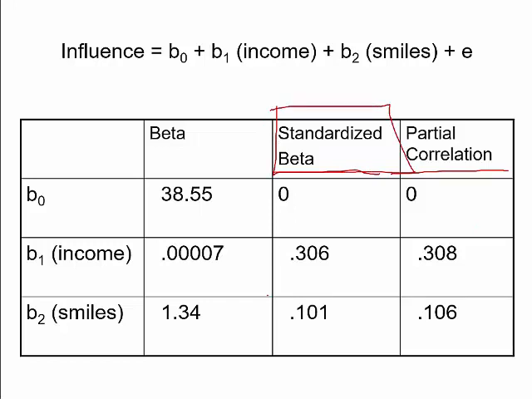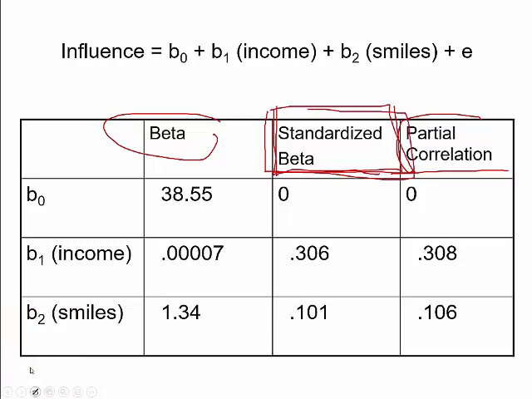So if you're doing a multiple regression, and I want you to report results for how much each x variable explains variance in an outcome after controlling for other variables in the equation, if I don't say anything else, the default will always be to report a standardized beta. Only report partial correlations or unstandardized betas if I specifically ask for them. So the default will be to report standardized betas.